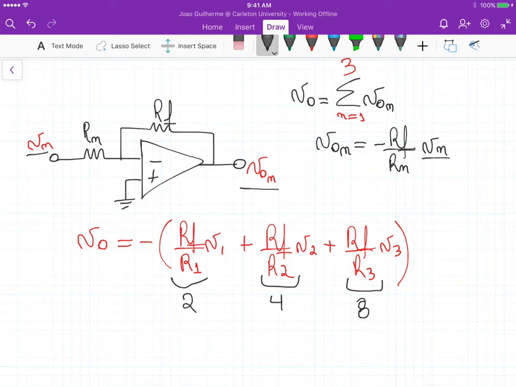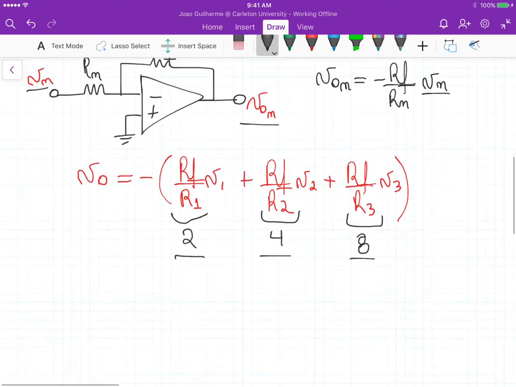So one thing is that we should pick the value of RF and then define the values of R1, R2 and R3, or try to guess which one of the resistors should be the greatest value to get these ratios, right? We know that 8 is greater than 4, which is greater than 2.